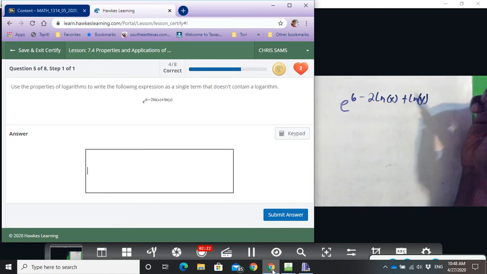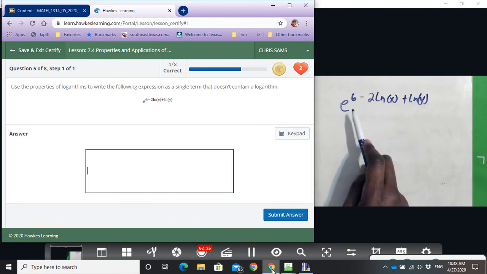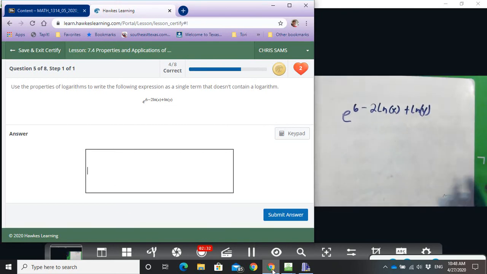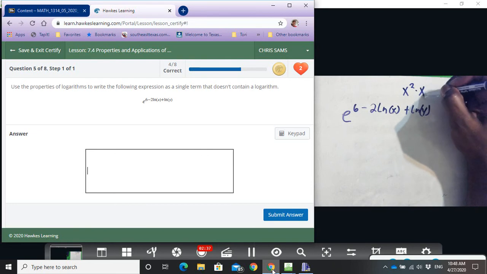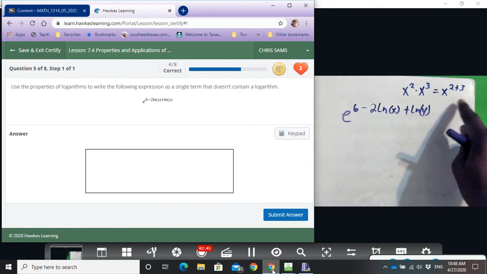So properties of exponents, we're going to use that first to write these all individually. The property of exponents says when you multiply, so let's go back and refresh. If I had an x squared times x to the 3rd, that would tell me to add 2 plus 3. So I'm basically going to be going backwards from this.